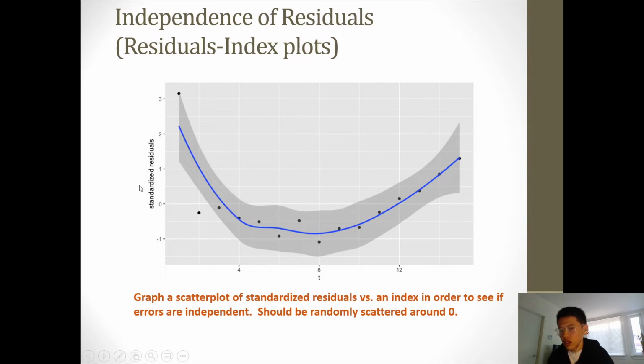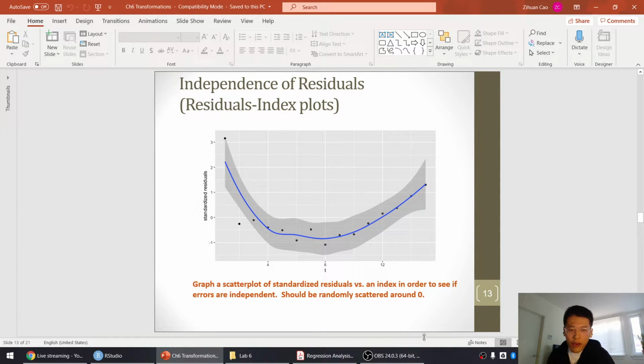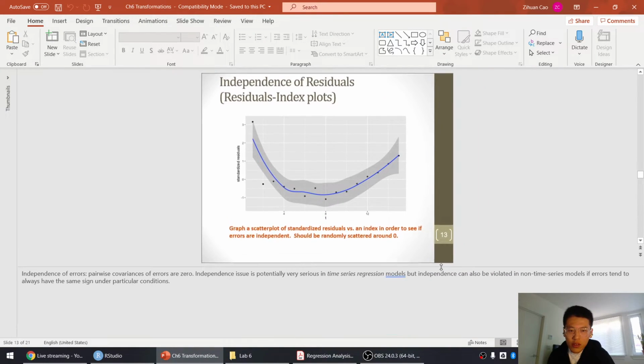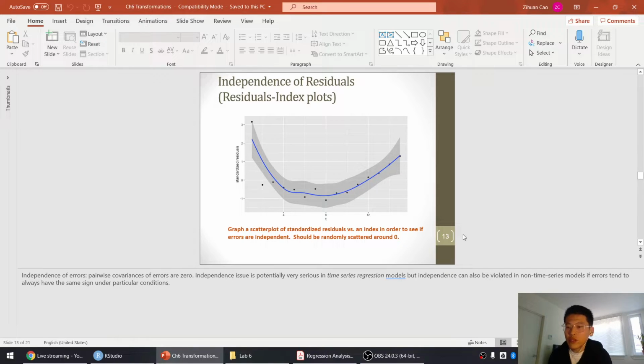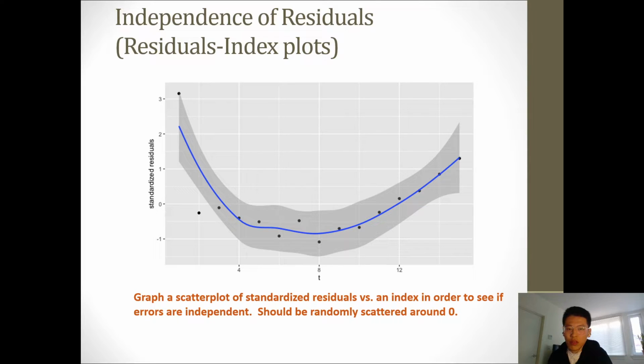I have a note here. For the independence of errors, it's potentially very serious in time series regression models, but independence can also be violated in non-time series models if errors tend always to have the same sign under particular conditions. This will not be the situation here because we have positive and negative.